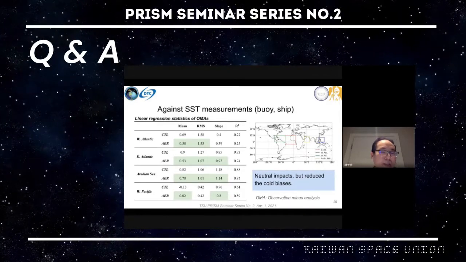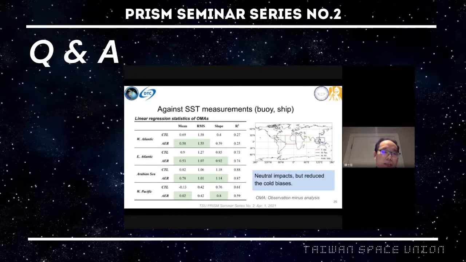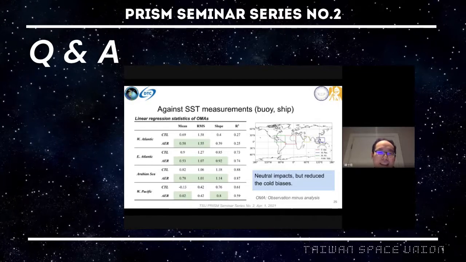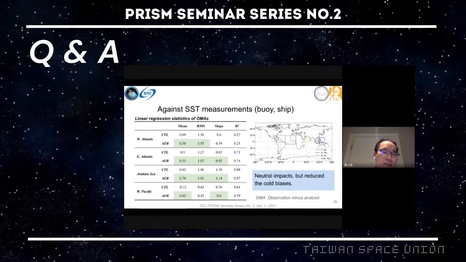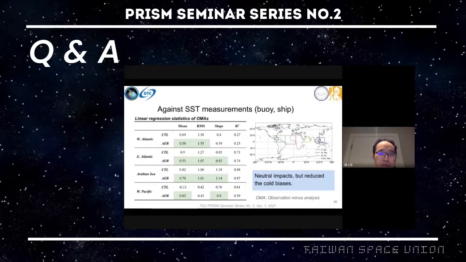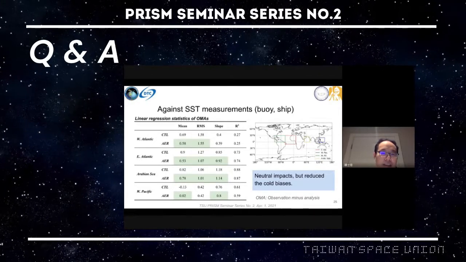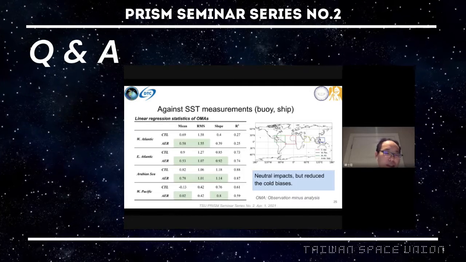We already know the Atlantic region is dominated by dust aerosol, so we would expect it to be due to a different kind of aerosol. But actually, the major reason is due to the original forecast instead of the aerosol species.